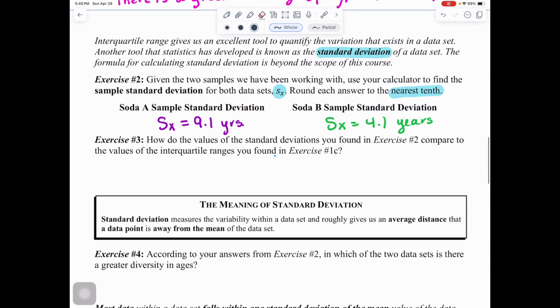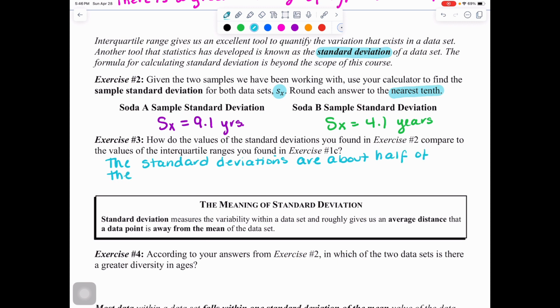So we are going to write here the standard deviation, or deviations, there's more than one, are about half of the IQR ranges.